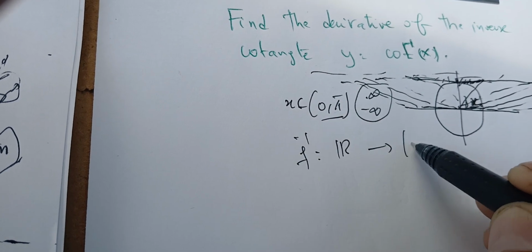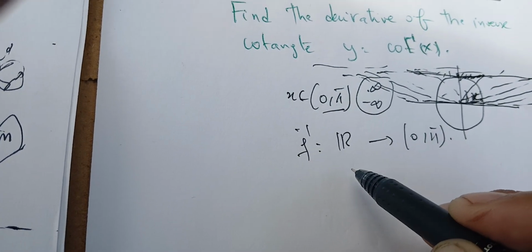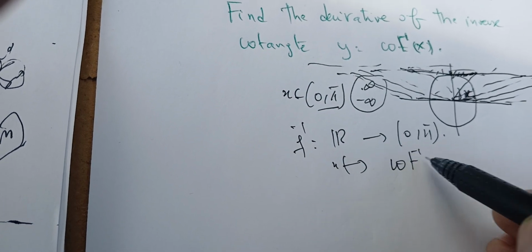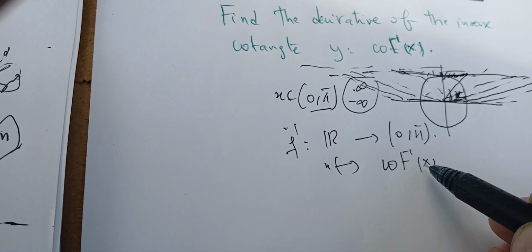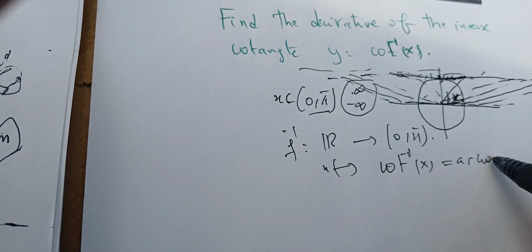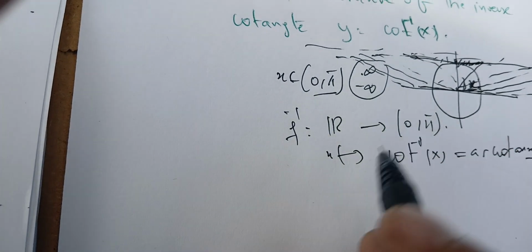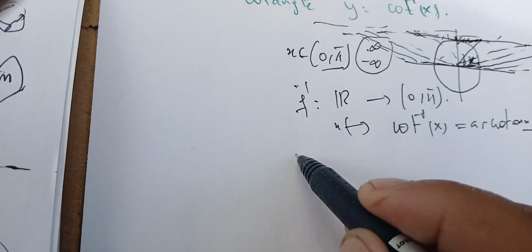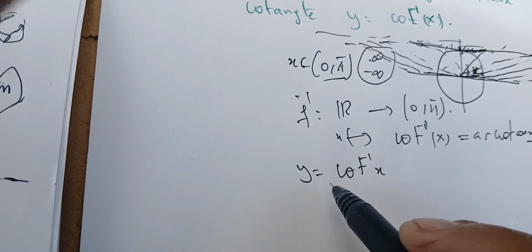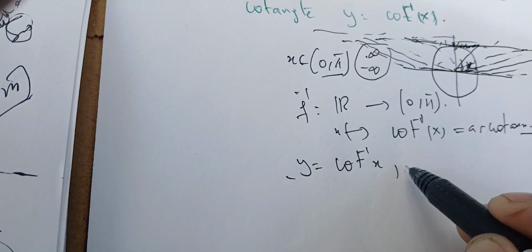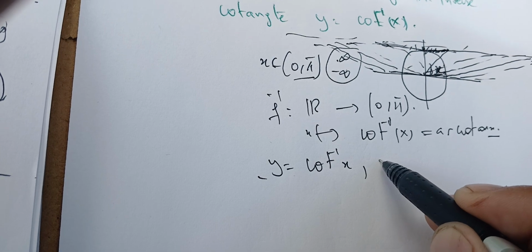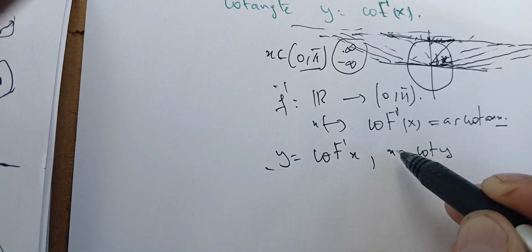R onto (0, pi), okay, such that for every x it associates a value, a function that we call cotangent inverse, or arccotangent of x. Okay, so now if we let y be the inverse cotangent of x, this means that we can write x as cotangent of y.